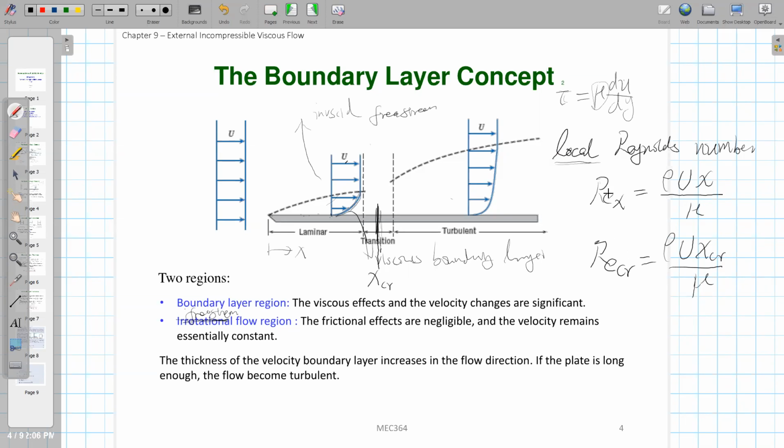Because the local Reynolds number is a function of x, the larger x is, the longer the flow goes, the local Reynolds number will keep increasing until it reaches a critical value, given by this critical position x critical. And this critical value is 5 times 10 to the 5 for the flat plate.